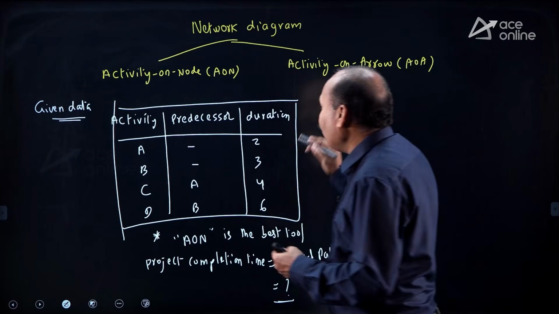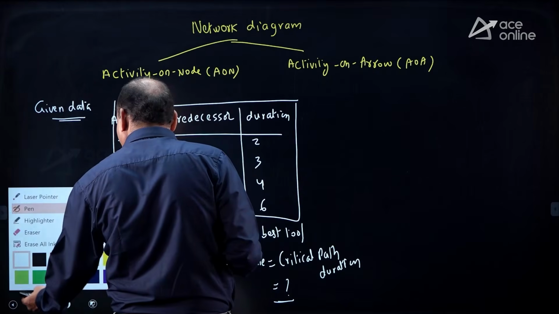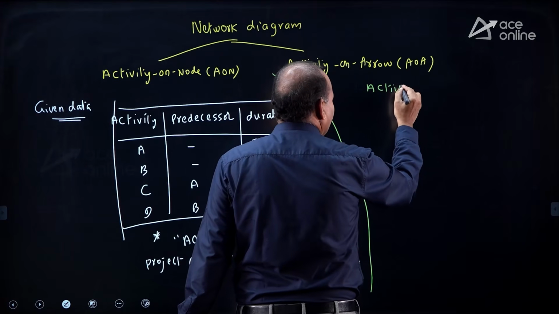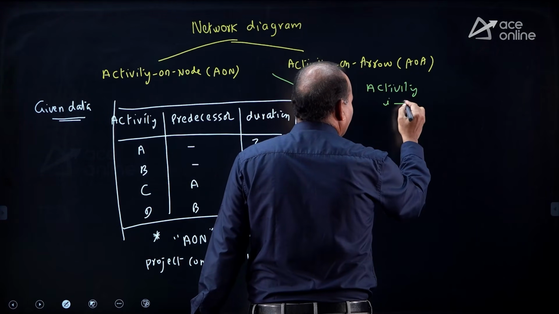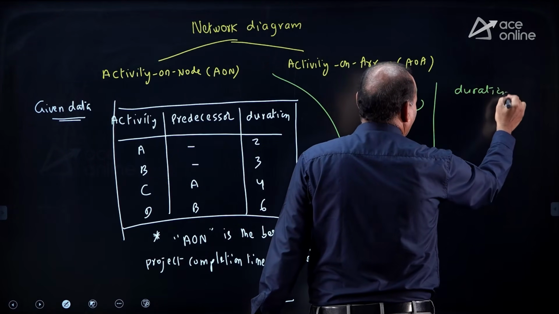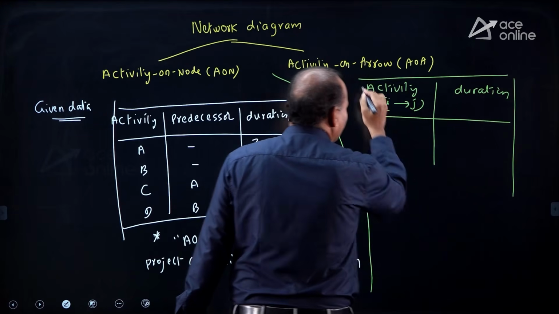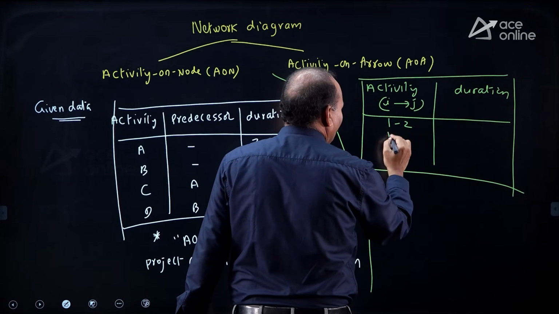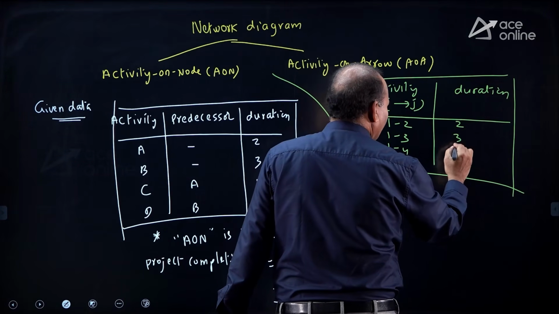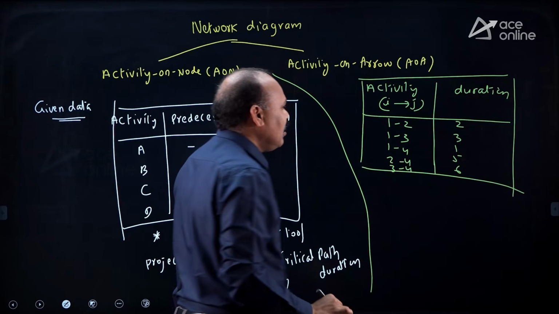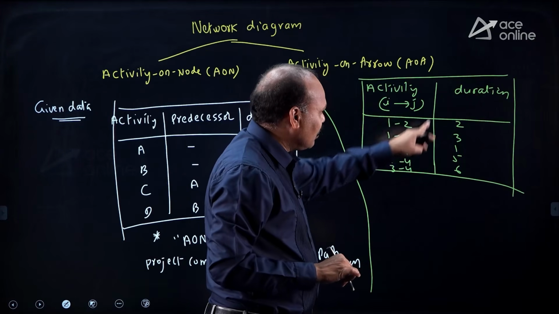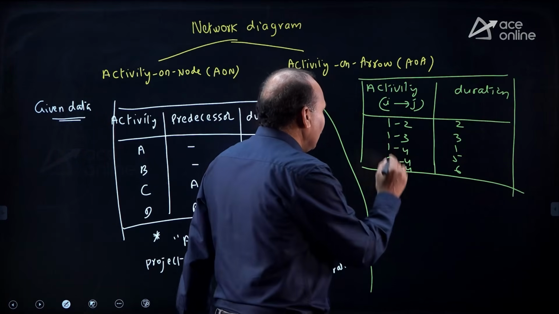When shall we go for AOA? If the given data is like activity I to J and duration, in the form of 2 columns, like 1 to 2, 1 to 3, 1 to 4, 2 to 4, 3 to 4 with durations 2, 3, 1, 5, 6, with tail number, head number and duration, here we have to use the AOA diagram.